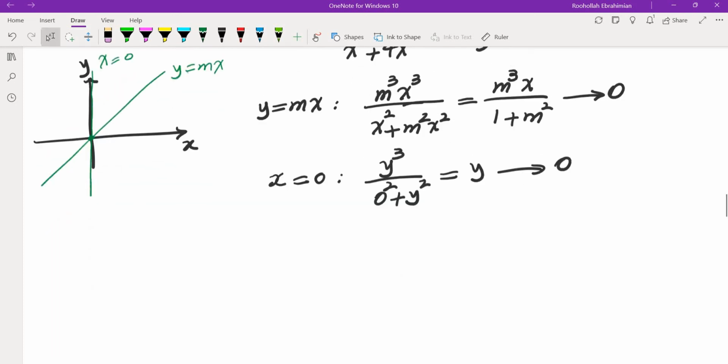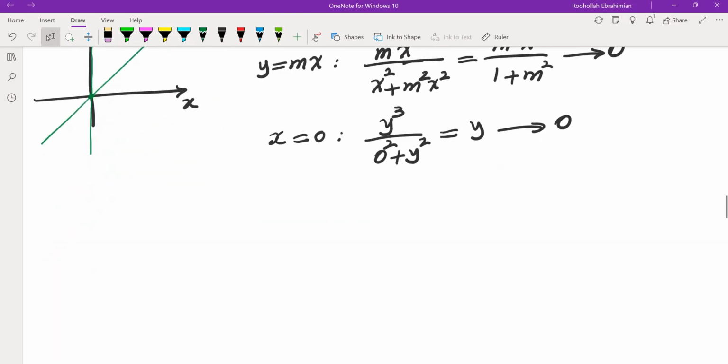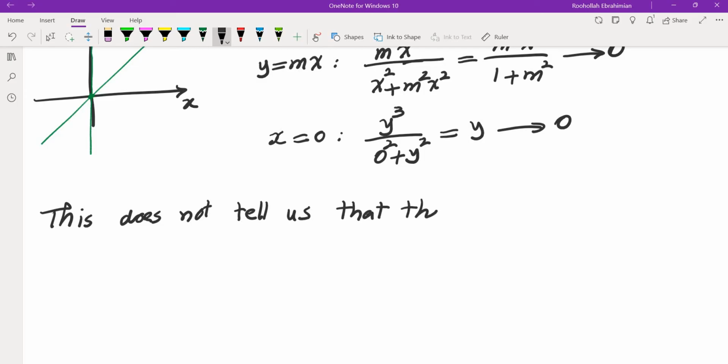Now, what does this tell us? It does not tell us that the limit is 0. Let me actually write this down, because this is a very common error. This does not tell us that the limit is 0. What it does tell us is if there is a limit, then the limit would be 0.